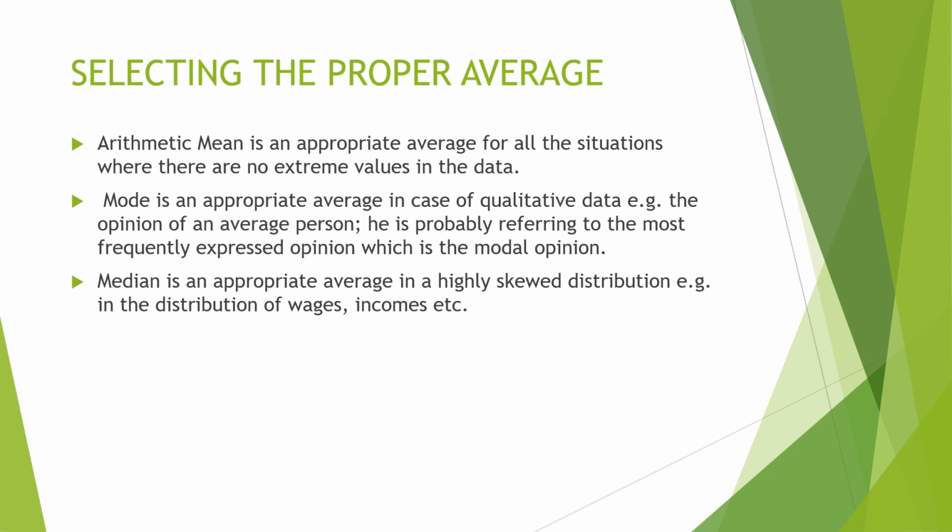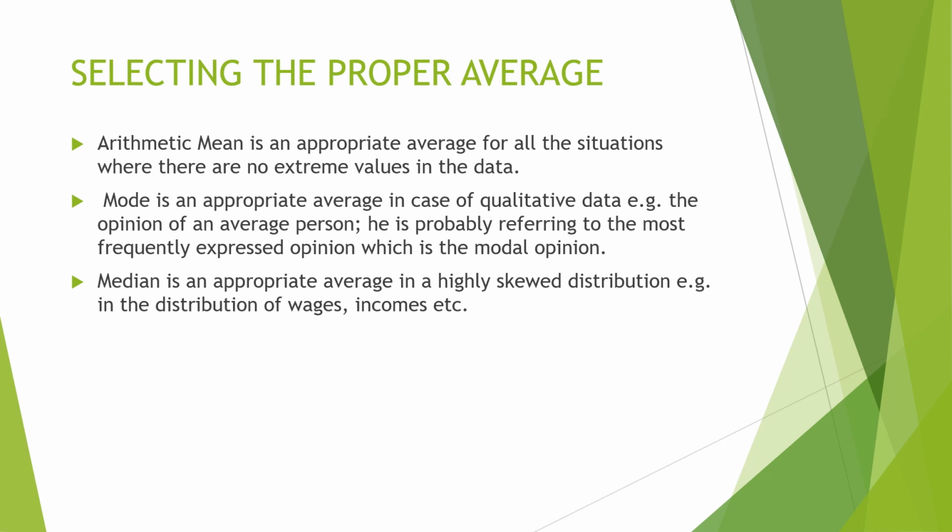Now, selecting the proper average means which average is to be used and when. Arithmetic mean is an appropriate average for all situations where there are no extreme values in the data. Mode is an appropriate average in case of qualitative data.